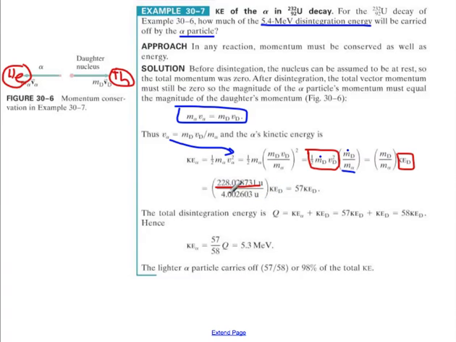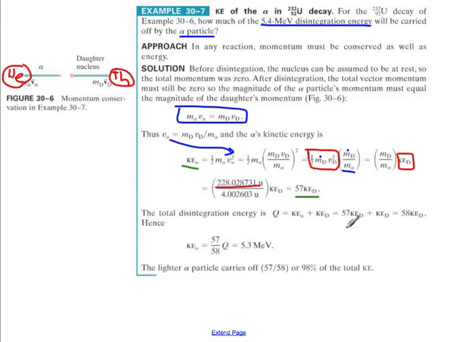So we reduce that, and we get 57 times the kinetic energy of the daughter. So in other words, let's be real clear about what this says. It says the kinetic energy of the alpha particle is 57 times the kinetic energy of the daughter particle.